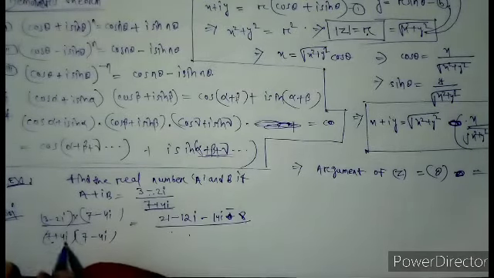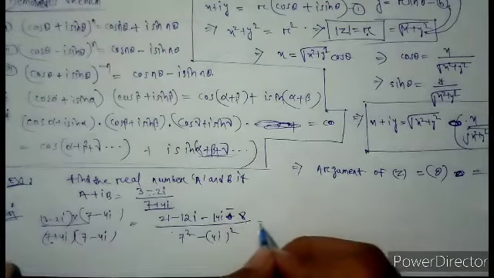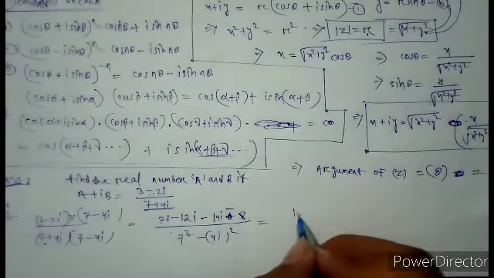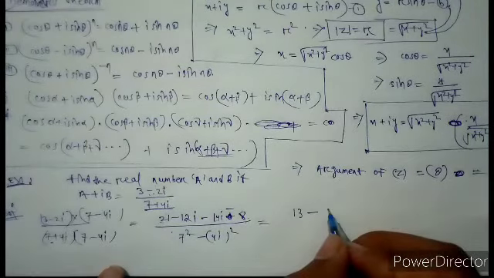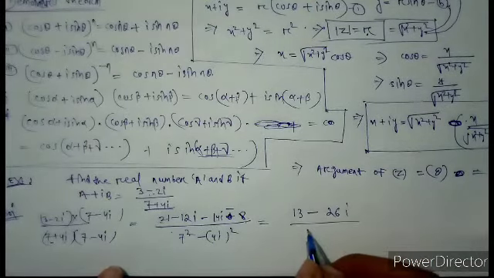We know that (a plus b)(a minus b) is a square minus b square, so the denominator is 7 square minus 4i square. Here we can write 21 minus 8, that is 13, minus 12i minus 14i, that is 26i, upon 49 minus 16i square.